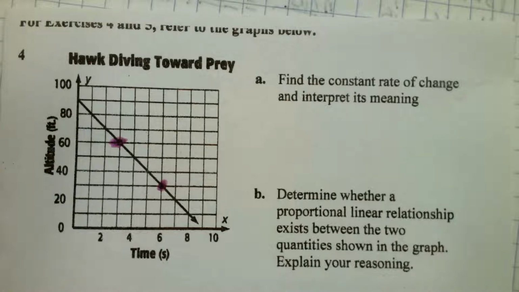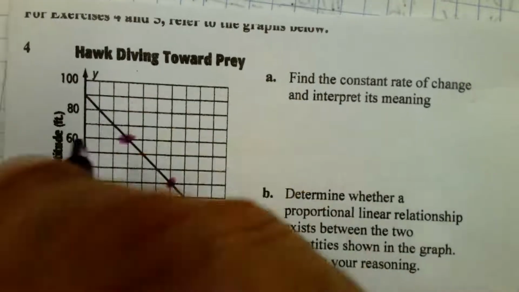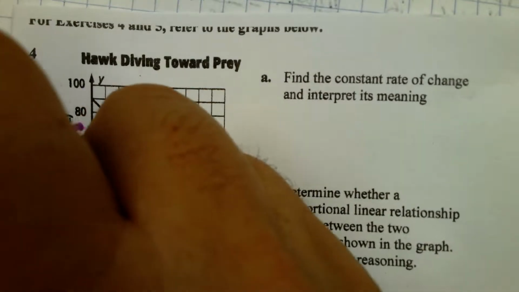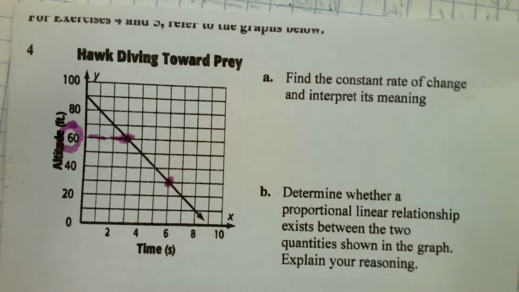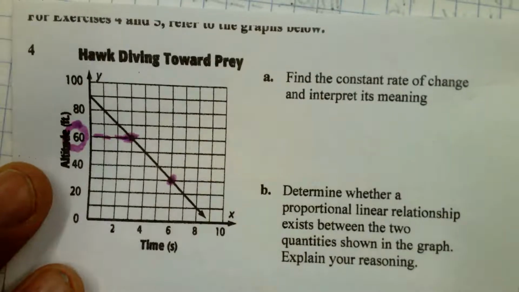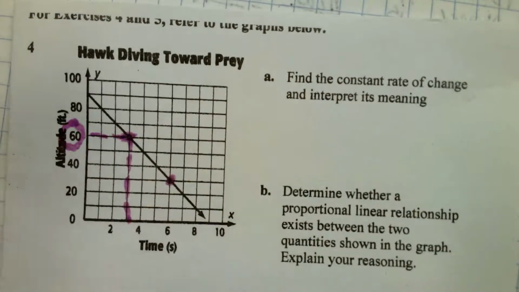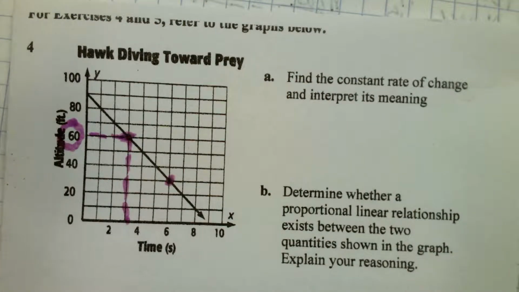Okay? So let's take this top point. Let's figure out the x and y values. So I'm going to start with the y value. For the y value, I'm going to go this way to the y-axis. And I get 60. Now for the x value, let's go back to that point and look where we cross on the x-axis, or where it hits, I should say. What number is that? 3, right?